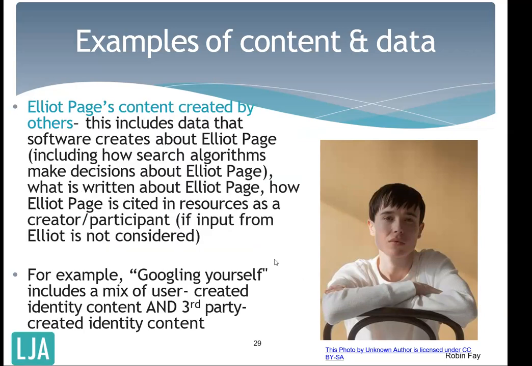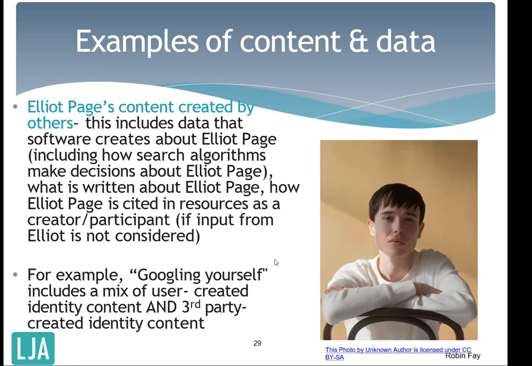And then of course we have the data that's created really by others. So this could be data that includes software that's creating data, including how search algorithms make decisions about what it shows about Elliot, what people are writing about Elliot, reviews and articles and things like that.